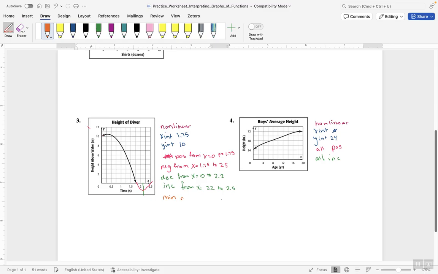So minimum at x equals 2.2. Where it changes from increasing to decreasing, that point is going to be either a max or a min. Here, I wouldn't consider any of this extrema, so I will again write no extrema.